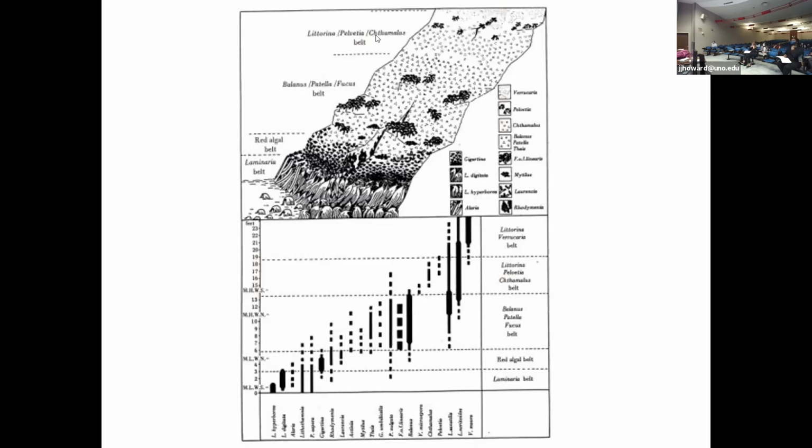Maybe Chthamalus is stressed when it's covered by seawater too often. That would be the argument that the niches are different for these two species. Or maybe Chthamalus prevents Balanus from colonizing this upper area, and Balanus prevents Chthamalus from colonizing the lower area. That would be the competition argument.